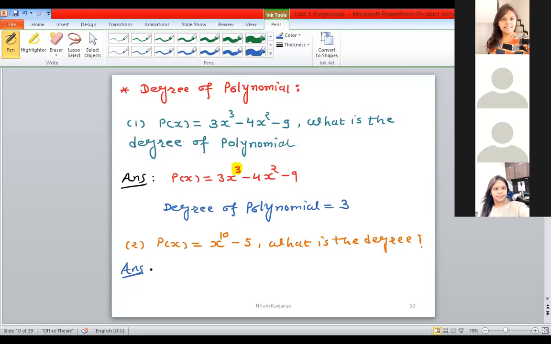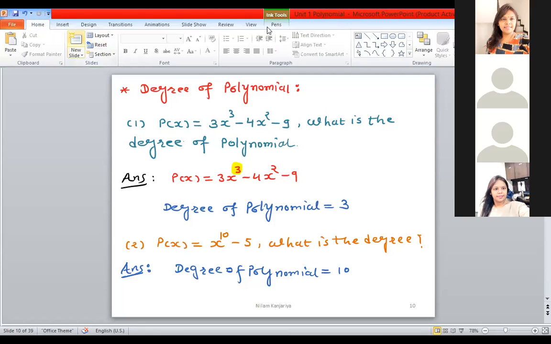The highest power of the polynomial is 10, so the degree of the polynomial is 10. Now I give you two more examples and you tell me the degree of the given polynomial. Students, you don't need to write, I provide everything. You just understand in this theory lecture. Let's take some more examples.